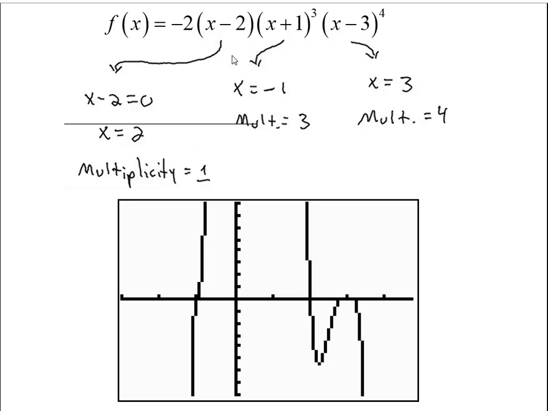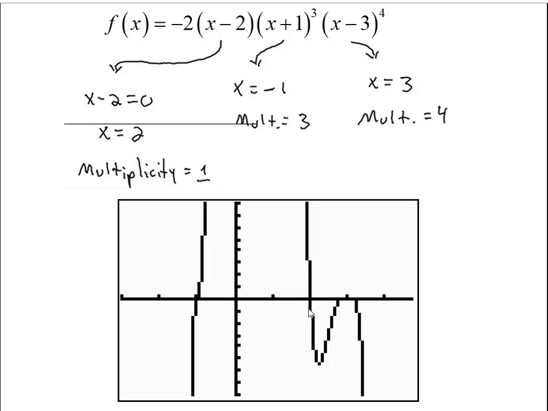Now, if we jump back to that last example that we had where we had x equals 2 and the multiplicity was 1 because of that exponent, we had x equals negative 1, multiplicity is 3, x equals 3, multiplicity is 4. So I pulled up a graphing calculator real quick, graphed it, and grabbed a screenshot. We can see that at x equals 2, the multiplicity is an odd number. The number 1 is odd.